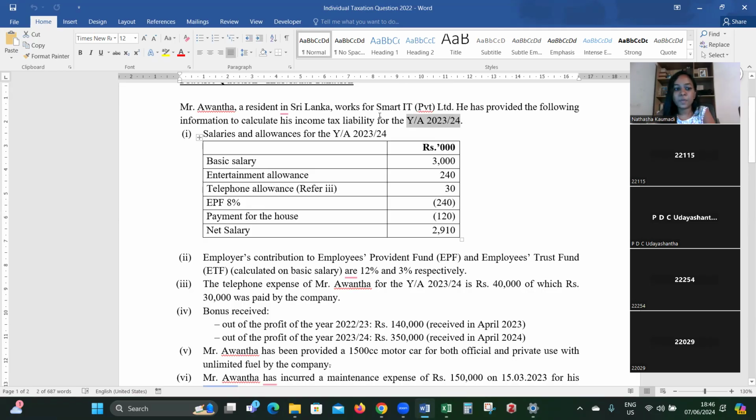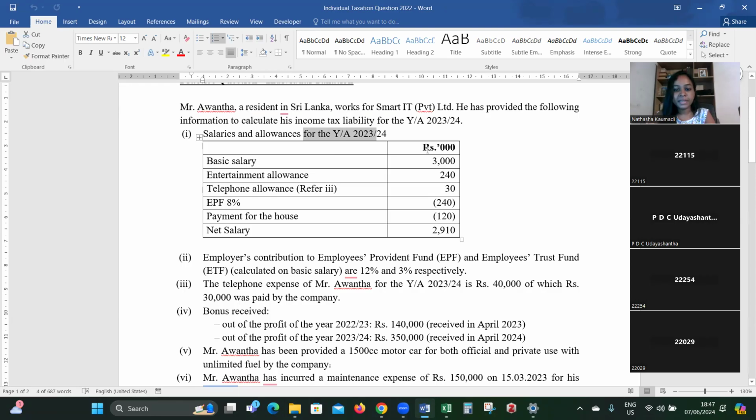First point, salaries and allowances for the year of assessment 2023-24. These figures are given for one year of assessment, not monthly. You need to pick up these important points. Sometimes questions give monthly figures, but here the salary and everything is for the whole year of assessment.